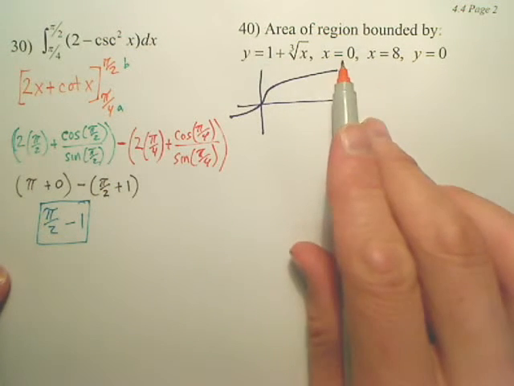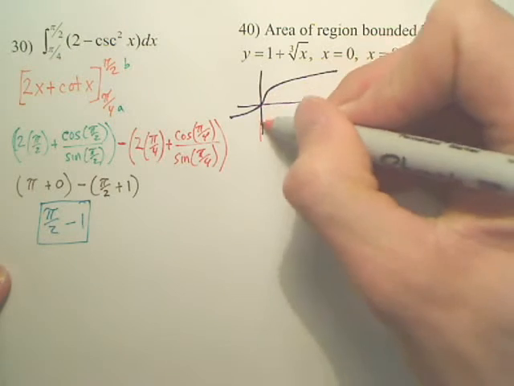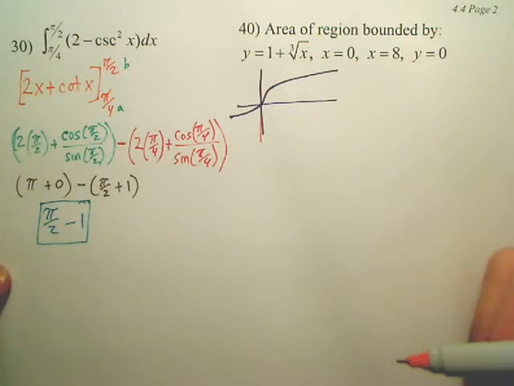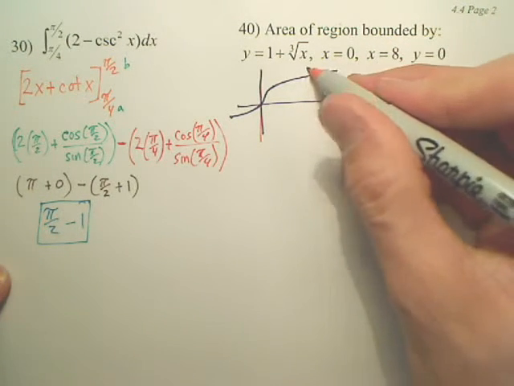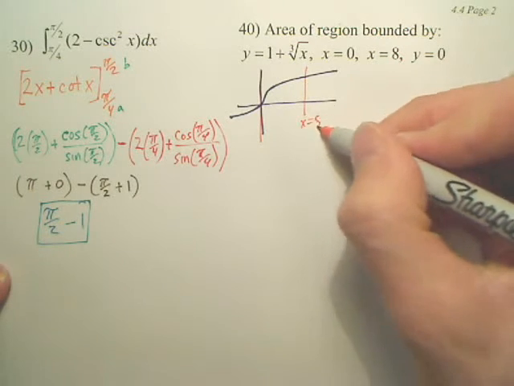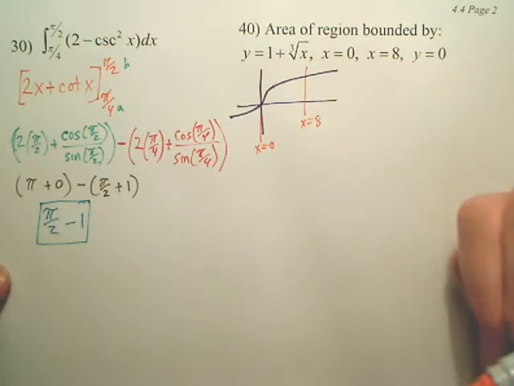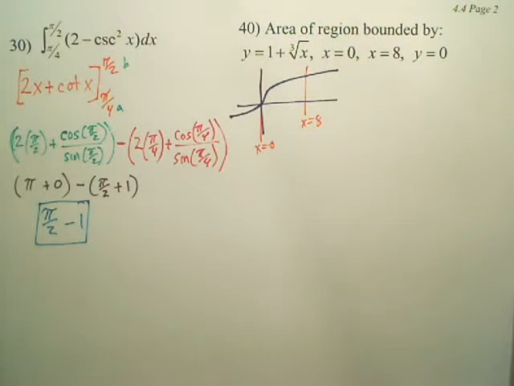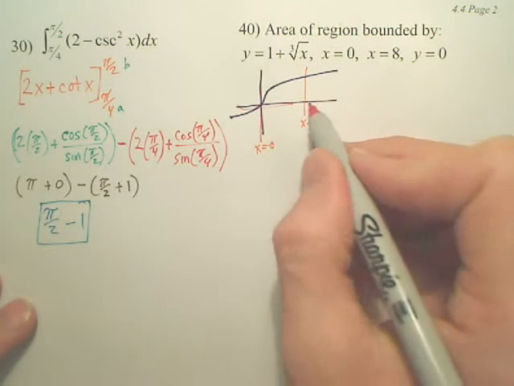Okay, x equals 0. Do you understand that's a vertical line right here? X equals 8. Do you understand that's x equals 8, that's x equals 0? And lastly, do you understand y equals 0 means this?